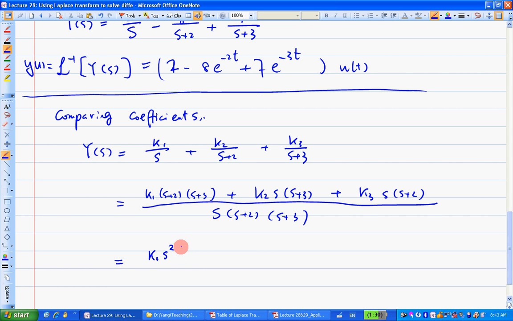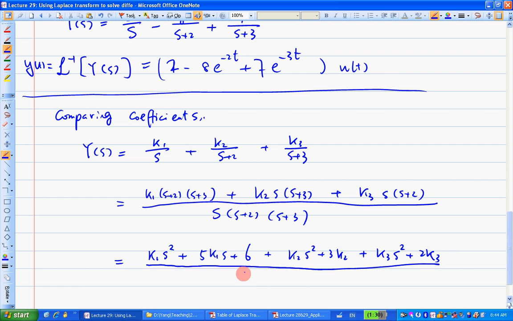All the s squared terms I'm going to put together, and all the s terms put together. So I have 5k1 s plus 6k1, plus k2 s squared plus 3k2 s, plus k3 s squared plus 2k3 s, divided by s(s plus 2)(s plus 3).